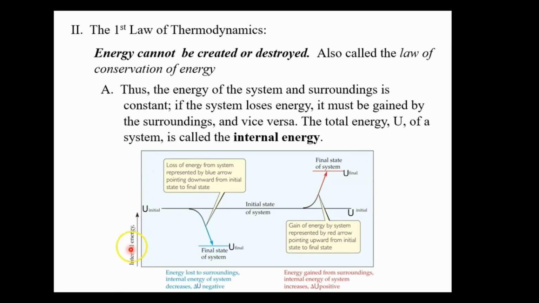So internal energy here, we have some beginning state, and here we can lose energy to the surroundings and end up at a lower state. Here, if we go to a higher state of internal energy, we'll be up higher. This needs energy, so this would be like an endothermic reaction.